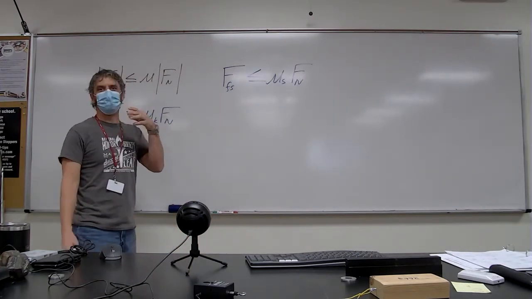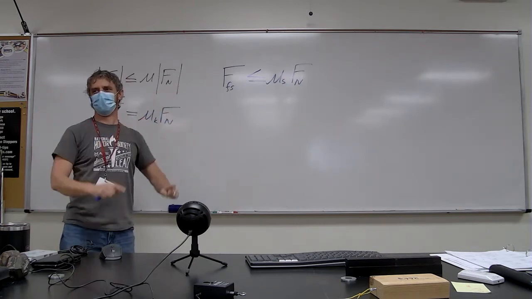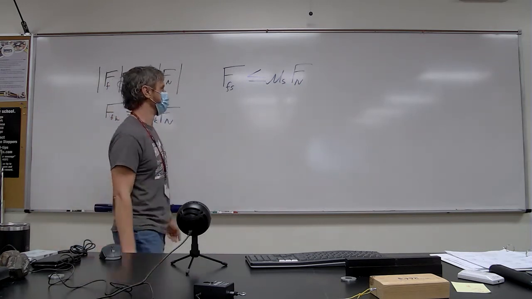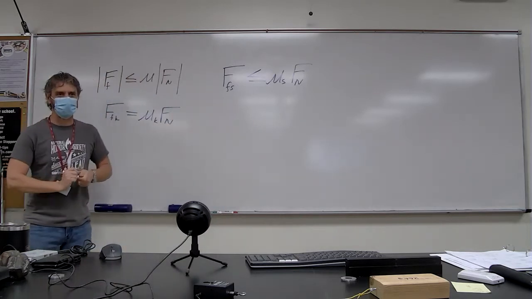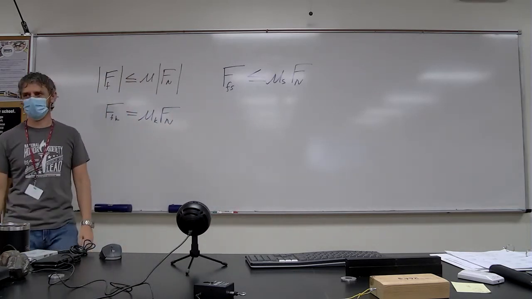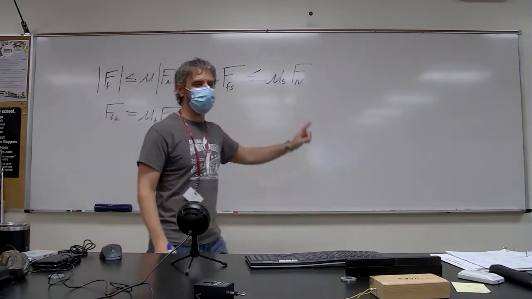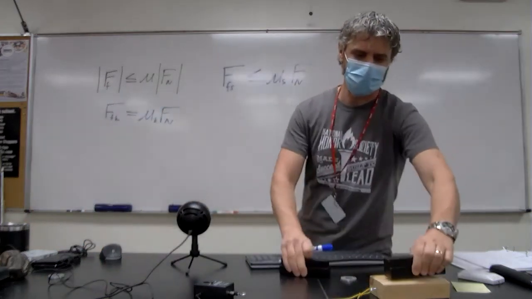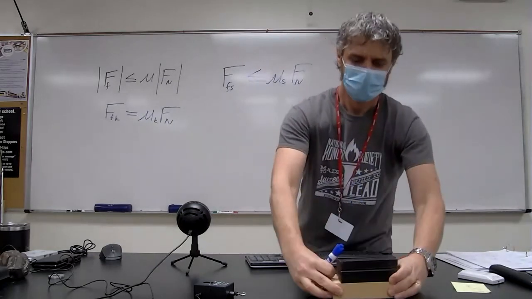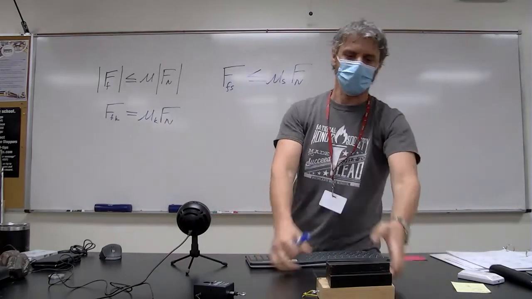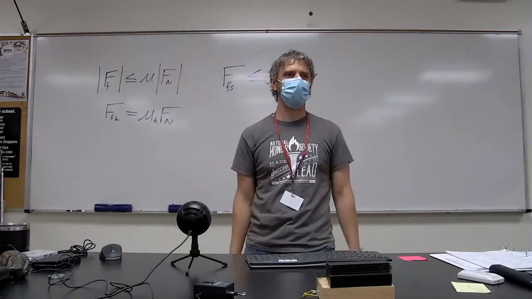If you forget about what the announcements were, they'll be on the video, so you can hear those again. So the static friction force is the one that's less than or equal to the coefficient of friction times the normal force. What does that mean? Well, that means if I have an object, and for those in the back that can't see, I just got a wood block with some masses on it, and I push on it. First of all, when I don't do anything, there's no friction force, right?